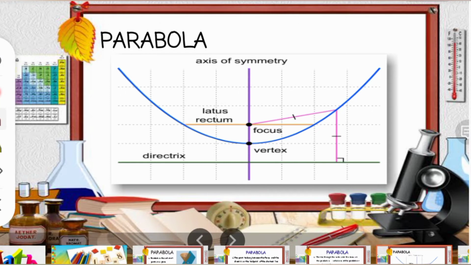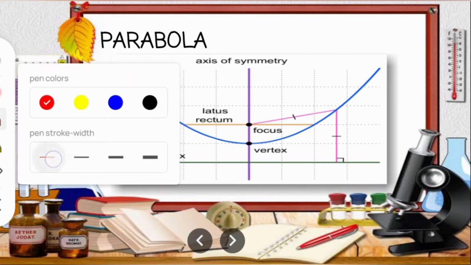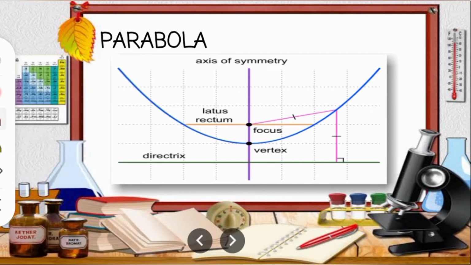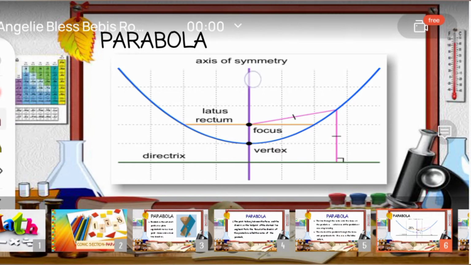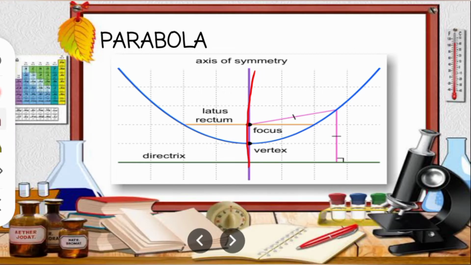So here, this line is called our axis of symmetry, and the green line here is called our directrix.